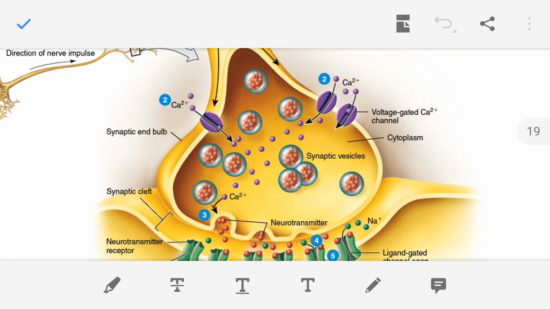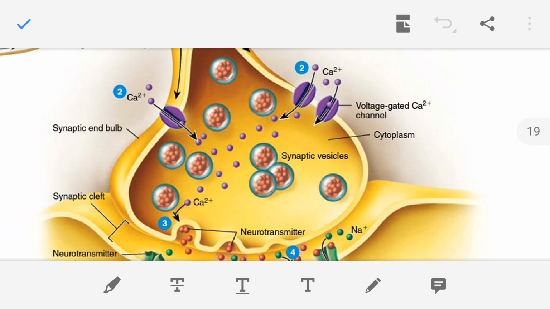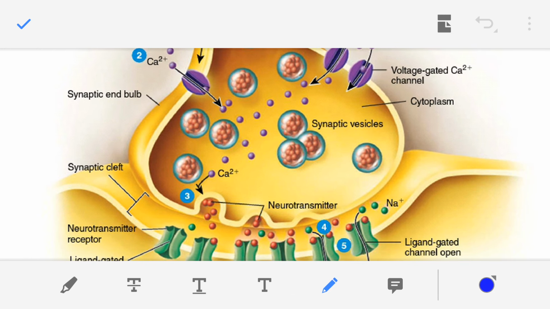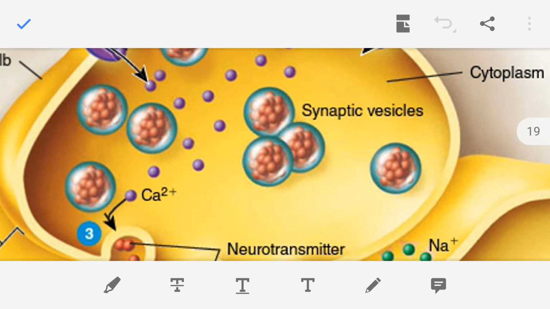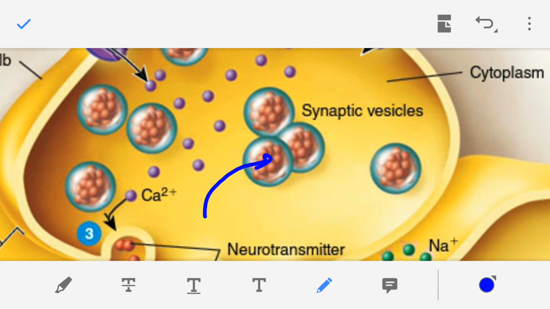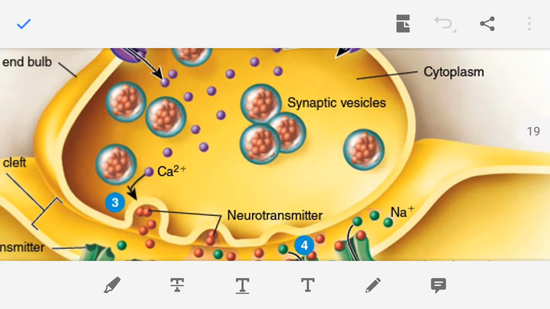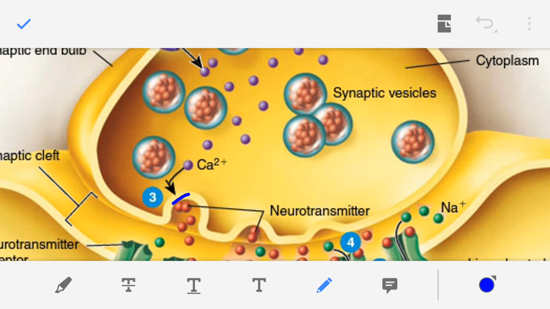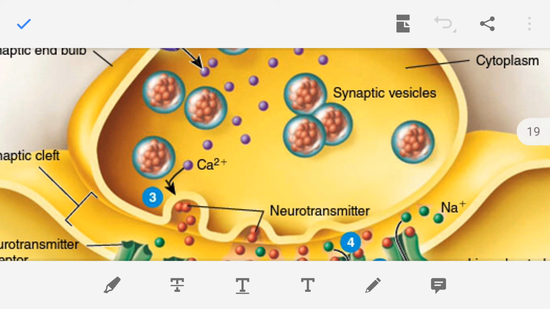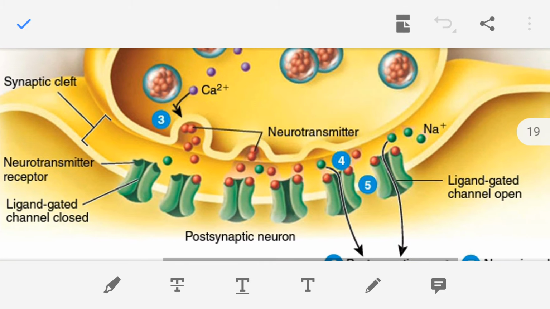Now what is happening as the calcium ions enter the synaptic end bulb? Here in the synaptic end bulb you can see the synaptic vesicles are shown, and these synaptic vesicles are filled with thousands of molecules of neurotransmitter. Now exocytosis of the synaptic vesicles occurs. The synaptic vesicles reach the end, they all are aligned over here, and now they burst.